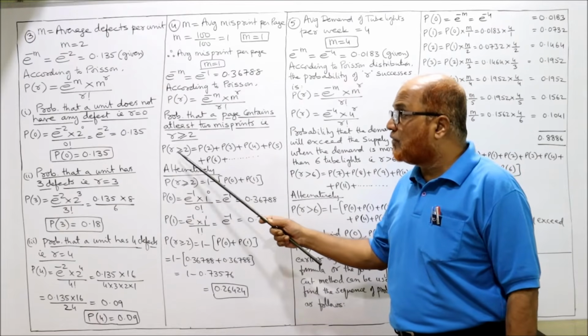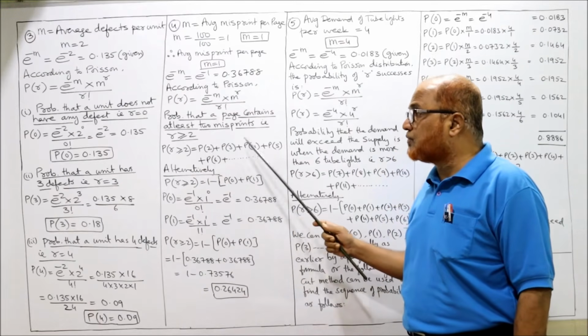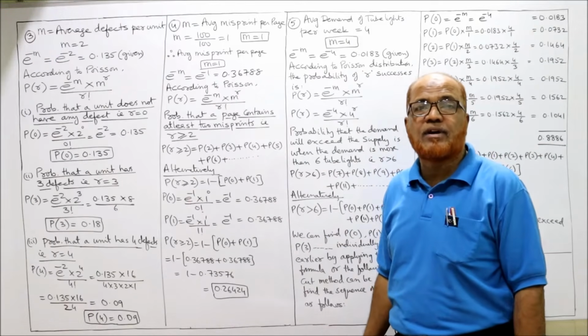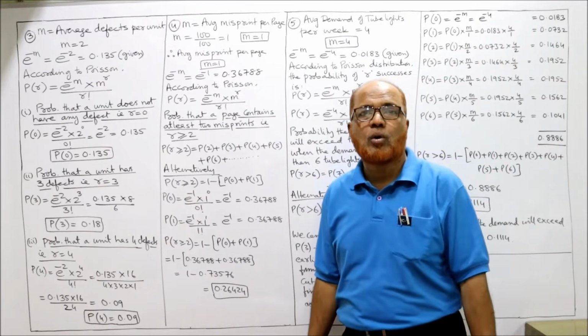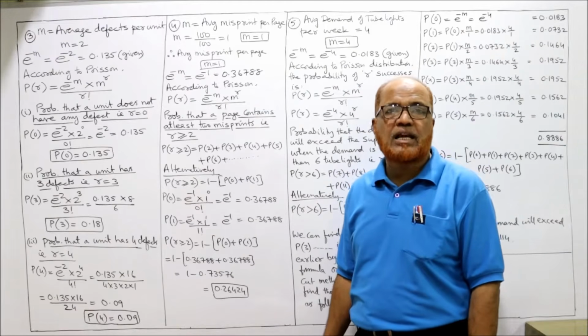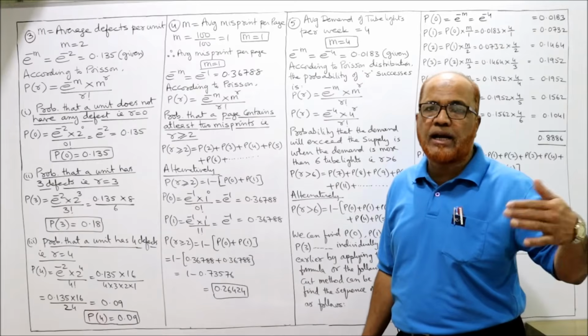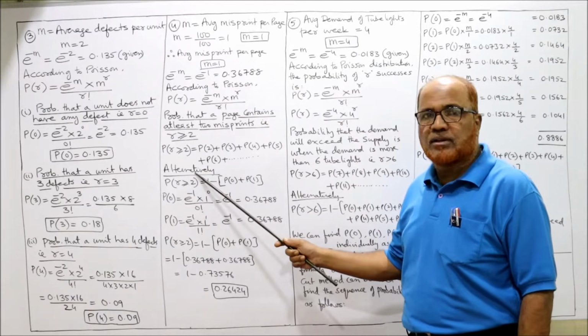So we have to calculate P of 2 plus P of 3, P of 4, P of 5, P of 6, P of 7, P of 8. It is highly difficult. Up to infinity we have to go. So we cannot calculate directly like this. We have to go with an indirect, alternative method.